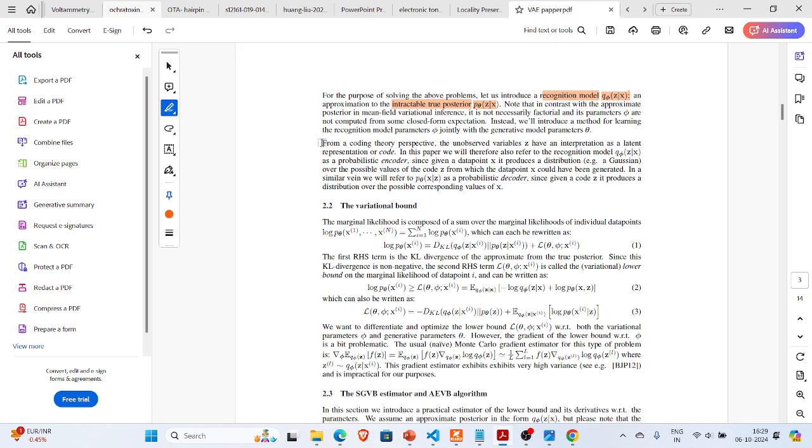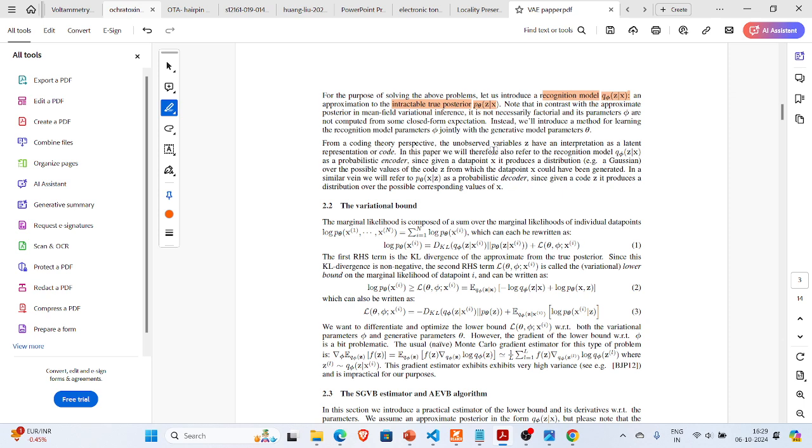A little bit of understanding here, very important. The unobserved variable z has an interpretation as a latent variable or latent representation or code. So z is a latent representation, a coded, lower dimensional representation of our variable x.